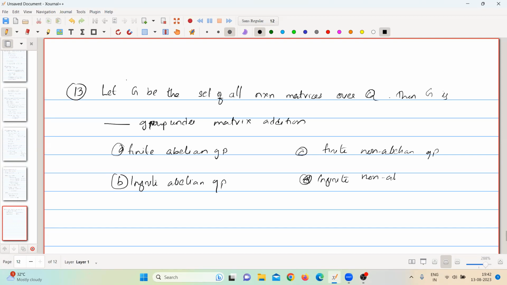So we need to check whether the given group is abelian or non-abelian, and also whether it is finite or infinite.